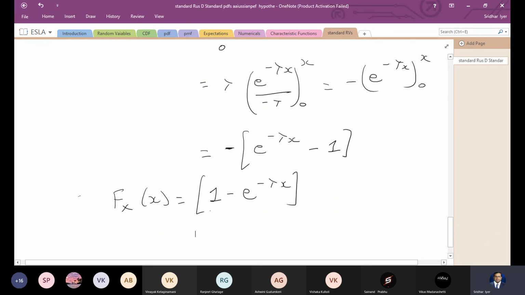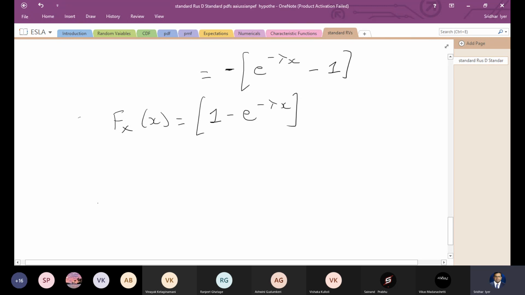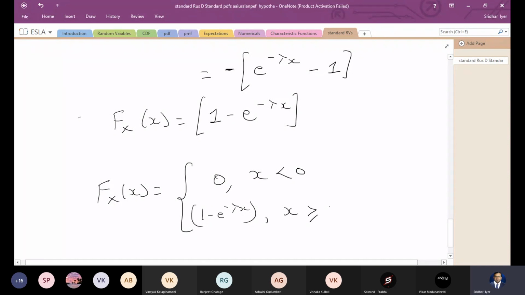Therefore, mathematically I can write fx of x, the CDF for an exponential random variable, as 0 for x less than 0 and 1 minus e raised to minus lambda x for x greater than or equal to 0, or I can also write this as x between 0 and infinity.